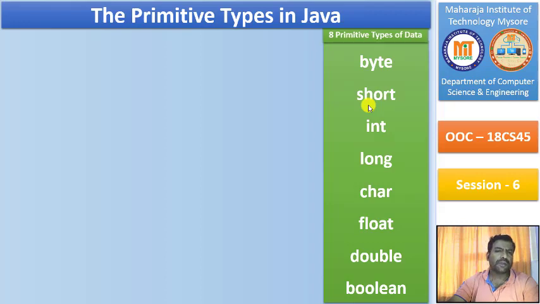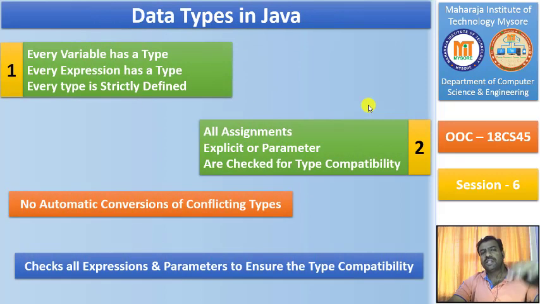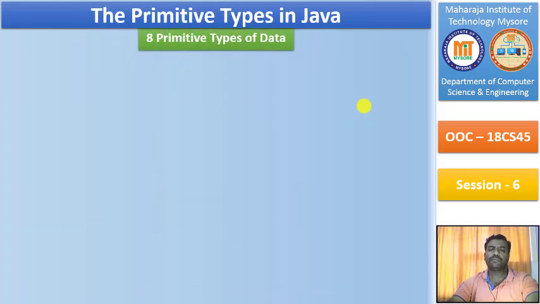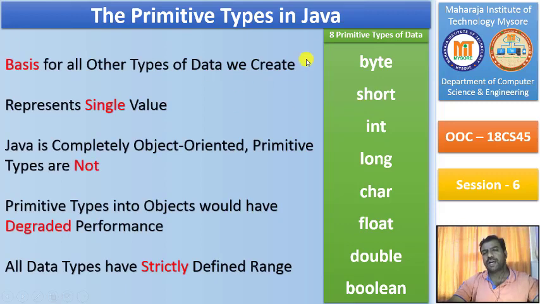Now when I say 8 primitives of data, if I look at these 8 types, the primitive types form the basis for all the other types of data we create.